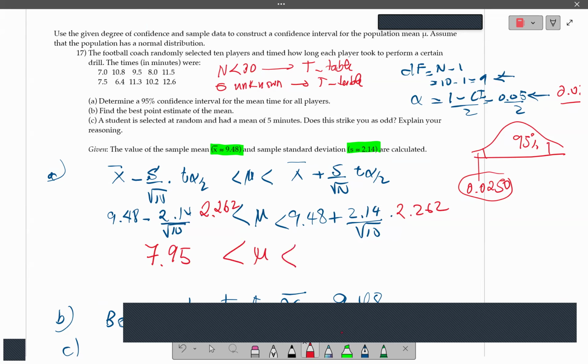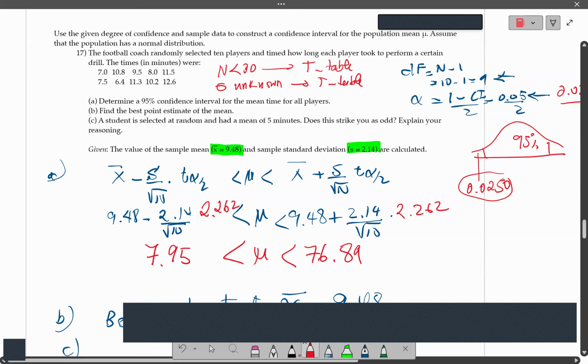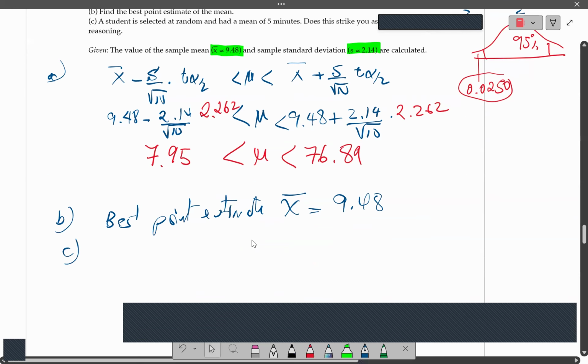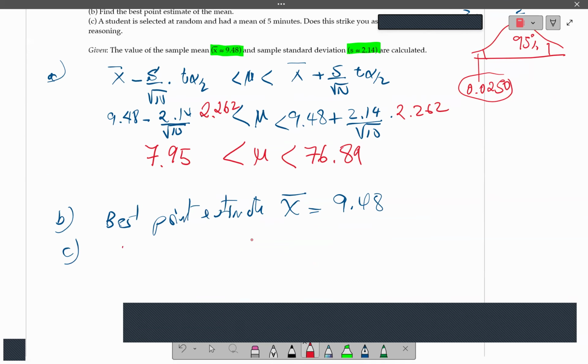The upper side is 76.88. We good? So now they are asking you here for this one, you get X equals 5.